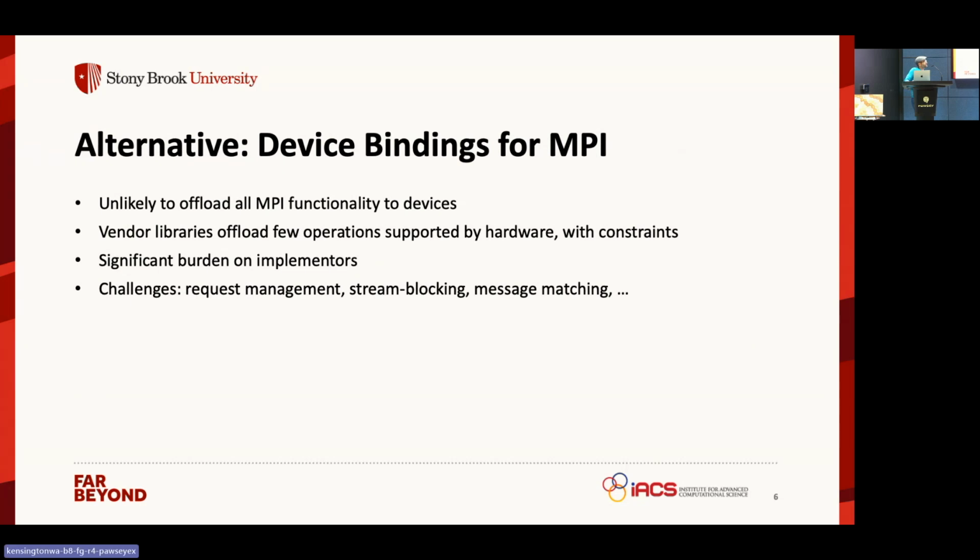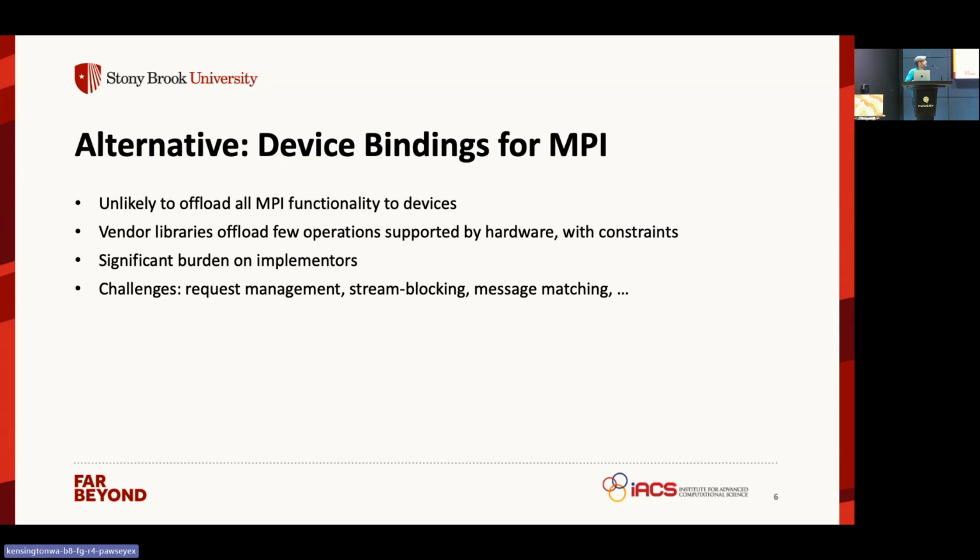There has been work on device bindings for MPI. I think it was called Device Everywhere or something like that. I forgot the exact name. That was presented last year at EuroMPI, something along those lines. It is tricky, right? MPI is complicated. There's a reason why NCCL doesn't use tags, because tag matching is expensive.